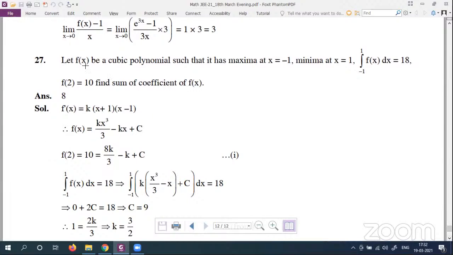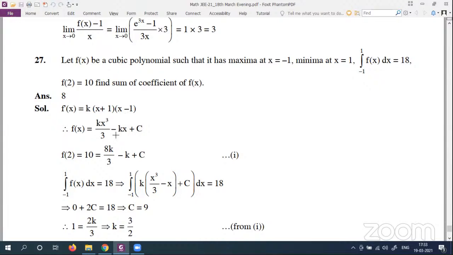f of x is a cubic polynomial. So f dash of x will become quadratic in this form because it has maxima and minima at these two points.